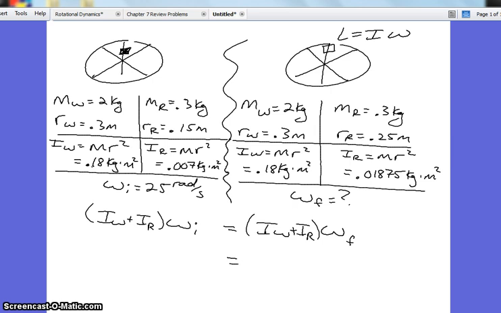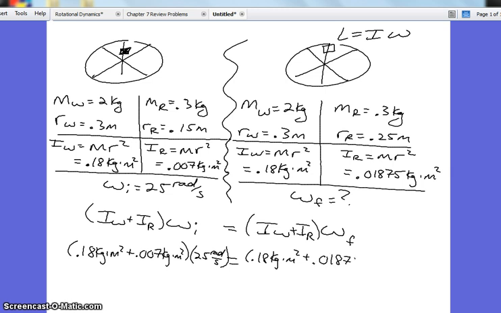So our calculation is 0.18 plus 0.007, times 25, is equal to 0.18 plus 0.01875, times omega f. And we solve for omega f, and we get 23.5, and the units would be radians per second.